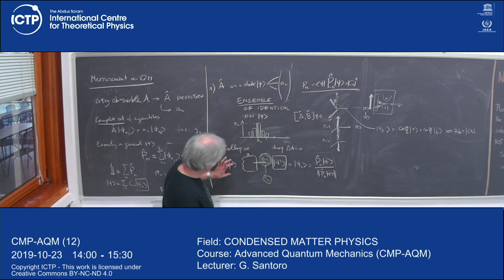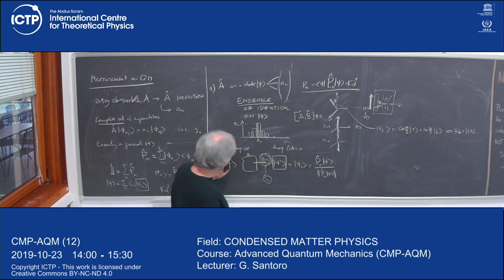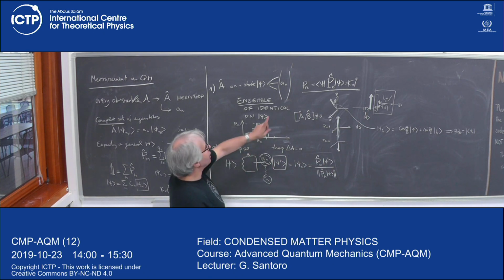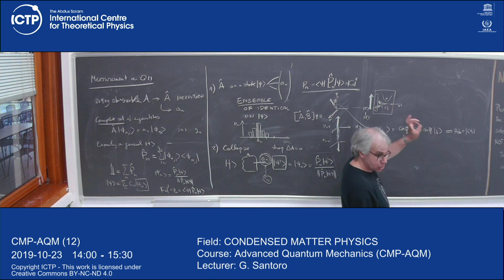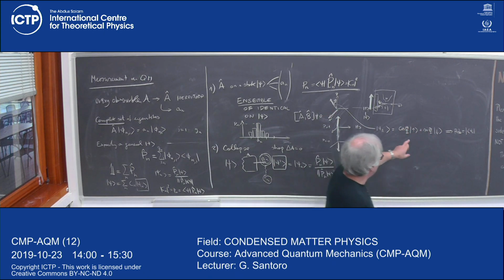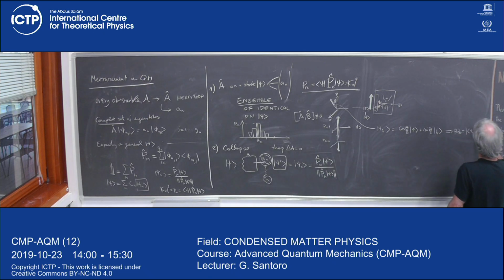So in this way of seeing the thing, I've prepared with the first Stern-Gerlach a certain state psi, and then I have sent it to some measuring device to measure the spin along a different direction. So this operator is a spin along a different direction, which has its own eigenvectors, which are not up and down. So the object, obviously, is the modulus square of this, and the result of this is cos square of theta over 2.